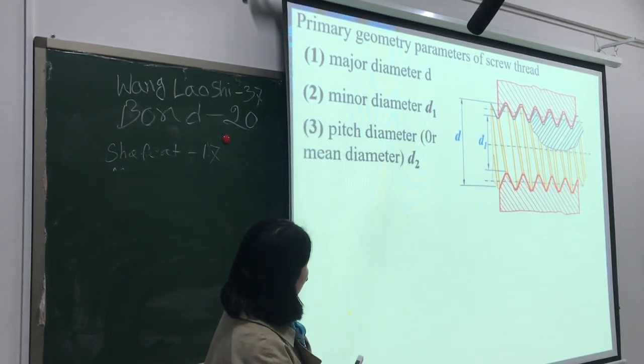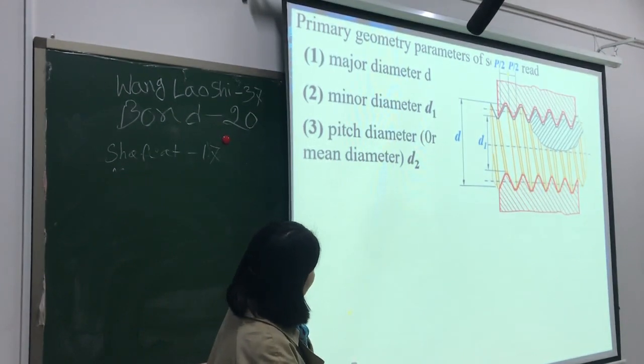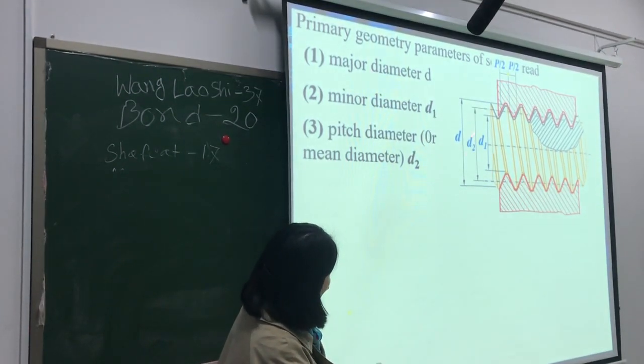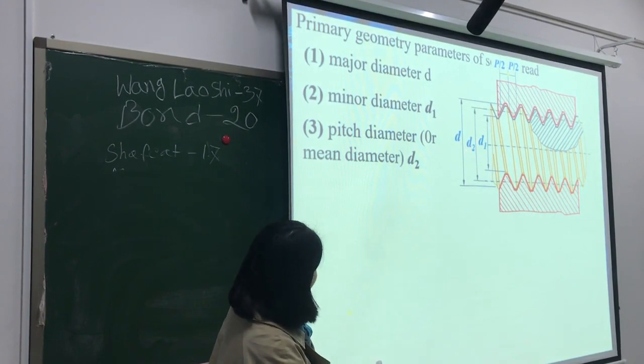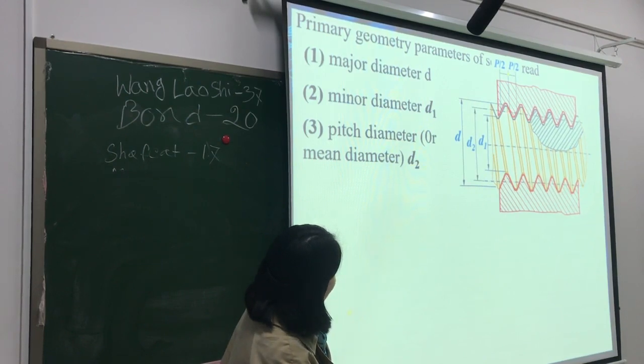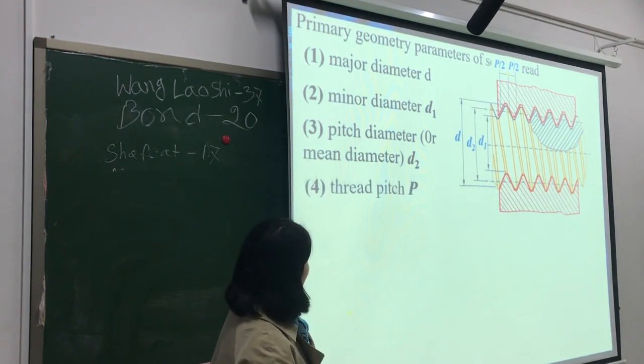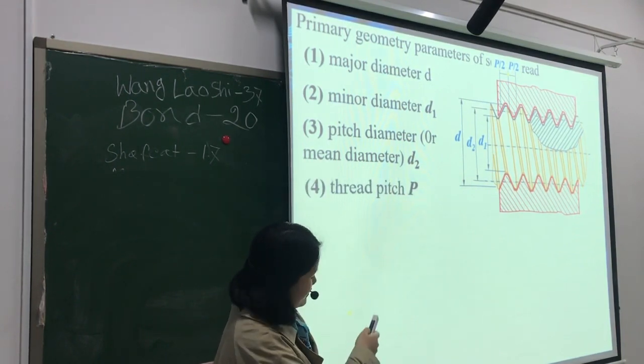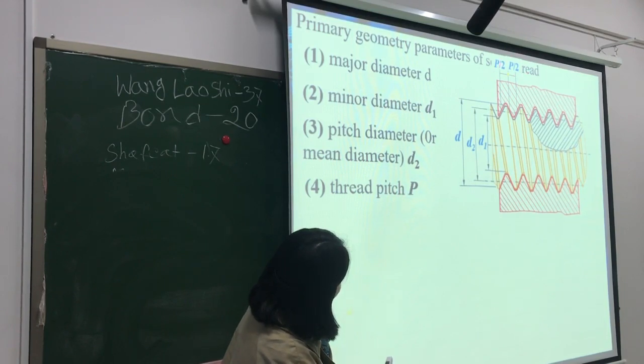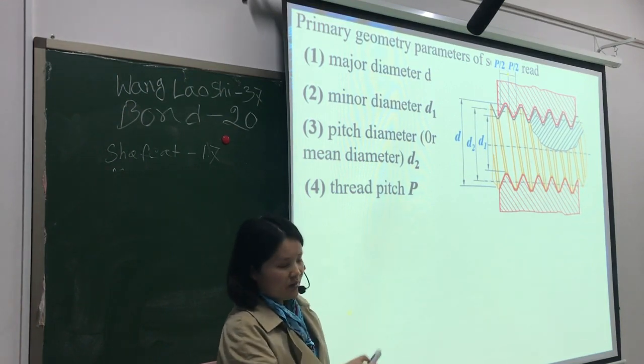The pitch diameter D2 is the diameter where the width of the screw and the groove is equal, and the thread pitch P is the actual distance between corresponding points on adjacent threads.